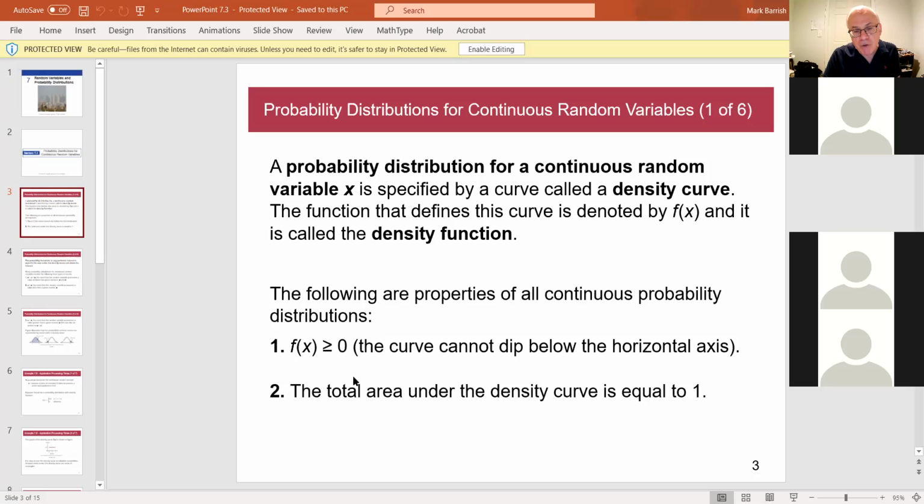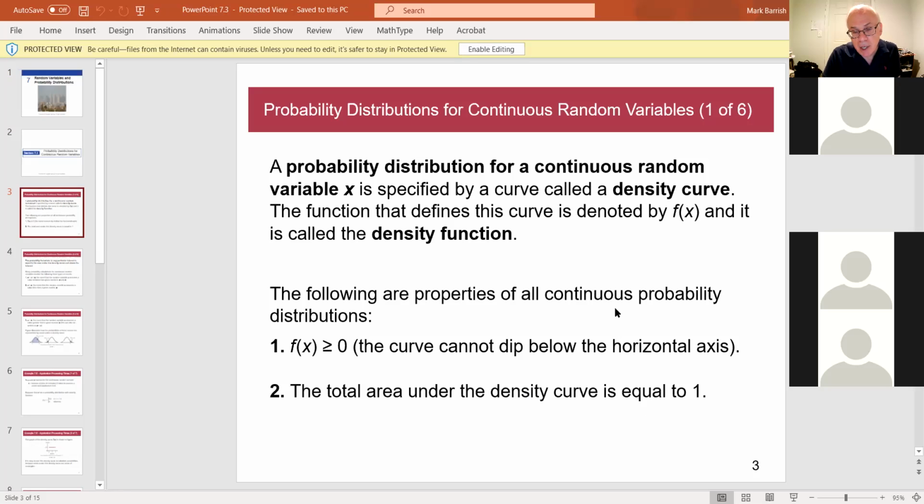And the other thing is, if we determined the area under that curve, if we drew some shading that showed the area under the curve, it would be equal to 1. For those of you who have taken calculus, maybe a couple of you have, you know that there are parts of calculus that find the areas under curves. That might sound familiar to you, and you used integration as a technique in calculus.